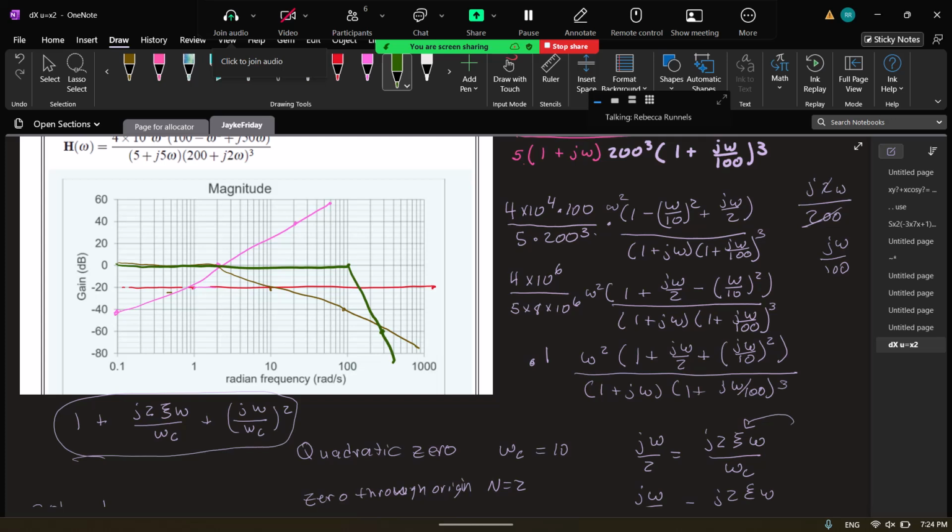Hold on, zero at origin of order 2. Simple pole, isn't the frequency 1 sometimes you change 1? Yeah, I do, and I didn't change it to 1.